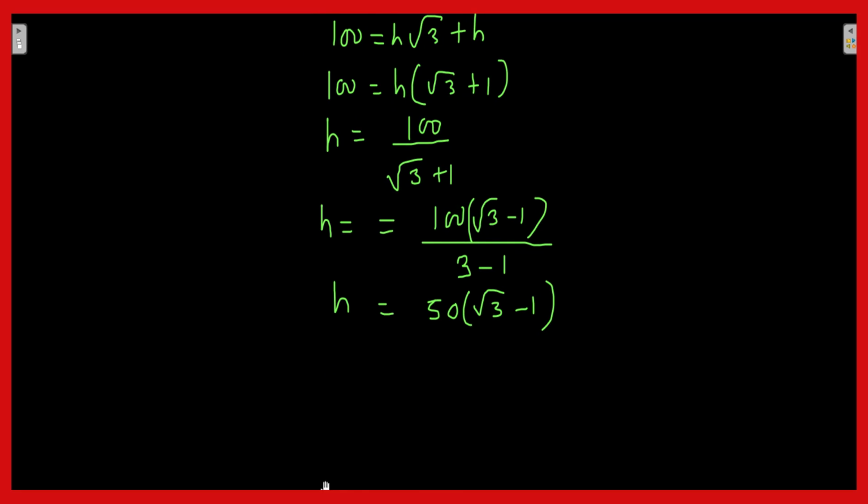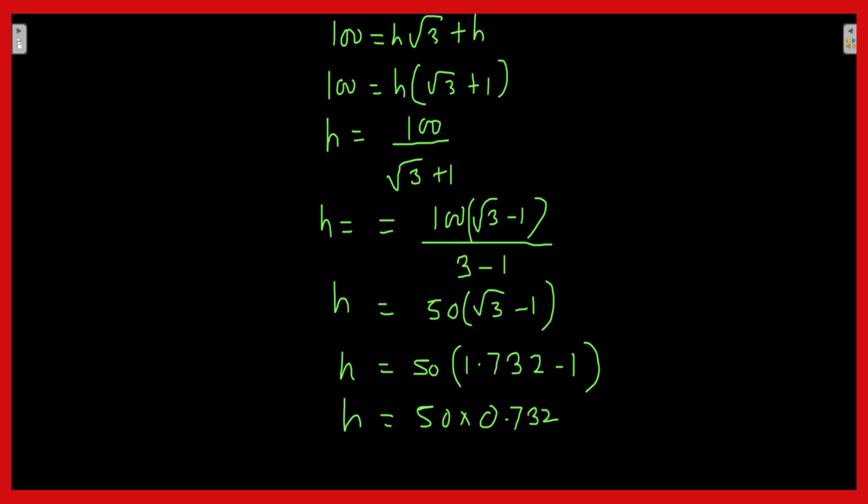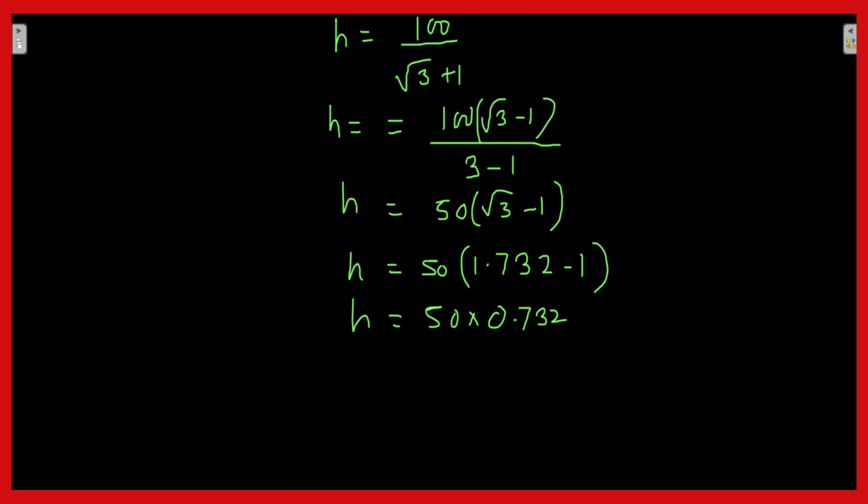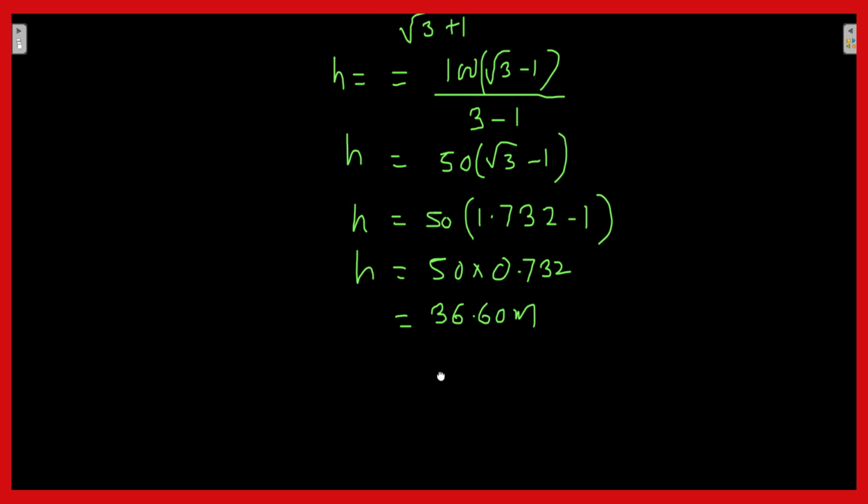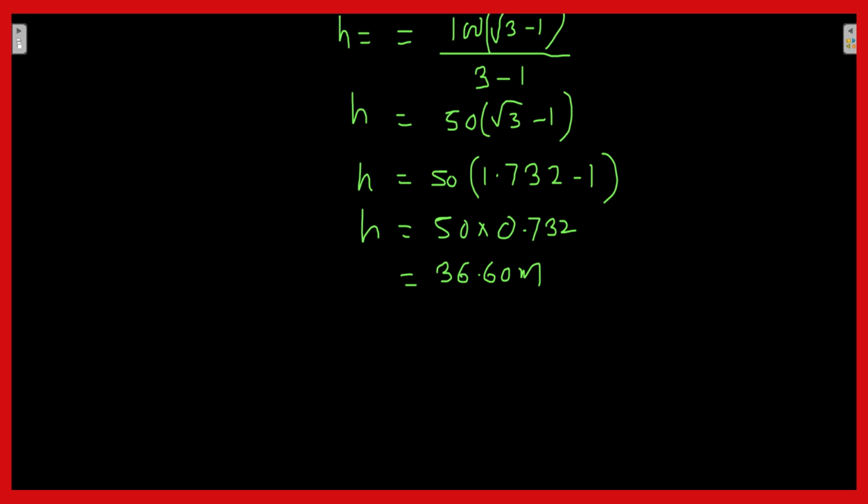Now put the value of root 3, which is given to us, so h is equal to 50 into 1.732 minus 1, so h is equal to 50 into 0.732, that is equal to 36.60 meter.